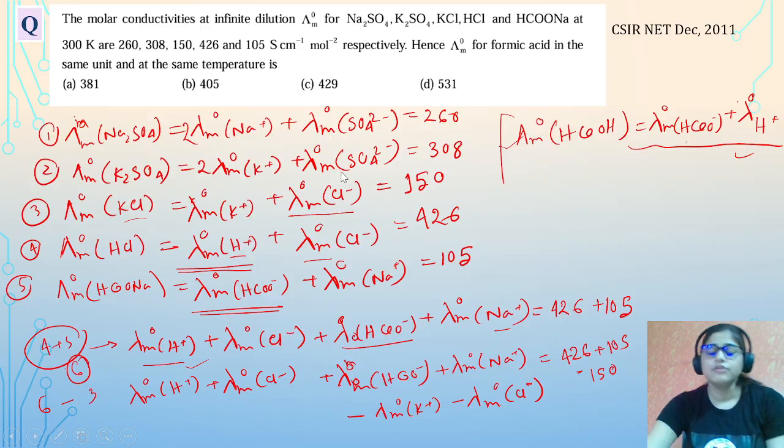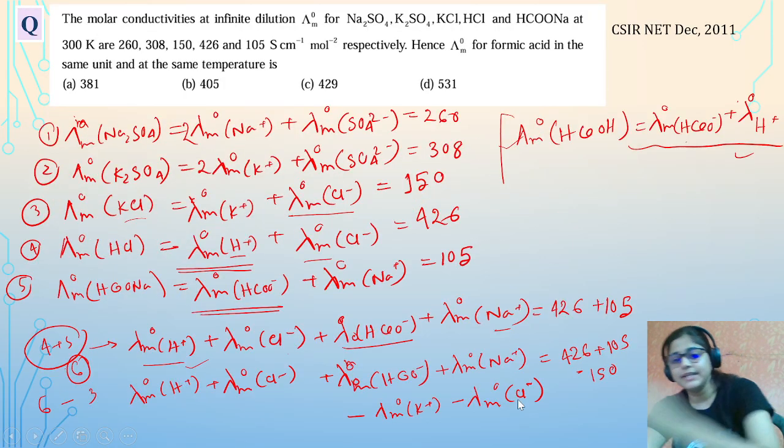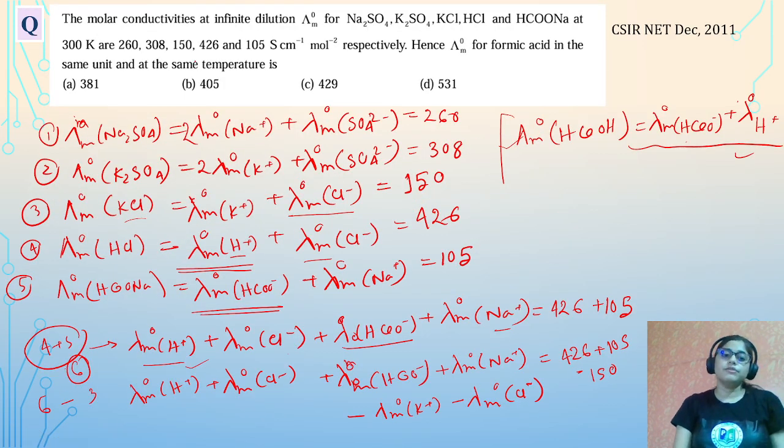Okay, so this was a lengthy problem, but I am solving it this way so that you understand each and every step. But when you practice more, after seeing it only, you can understand which you have to subtract and which you have to sum. So HCO minus is there, you have to add it. H plus is there, you have to add these two.